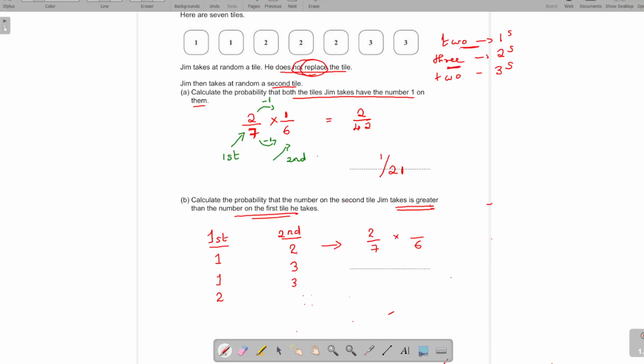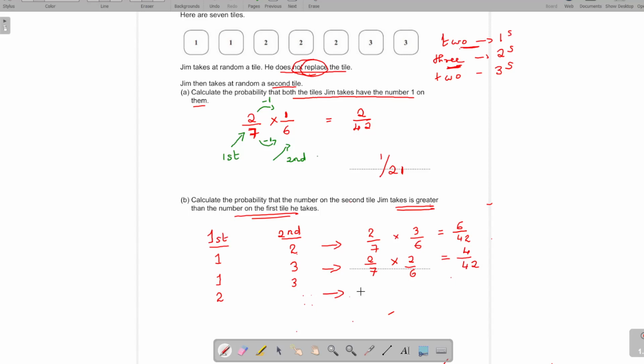We have 3 2s, so 3 over 6. So that will be 6 over 42. This time again 2 over 7 first time because it's 2 ones, then 3, we have only 2, 2 over 6, that is 4 over 42.